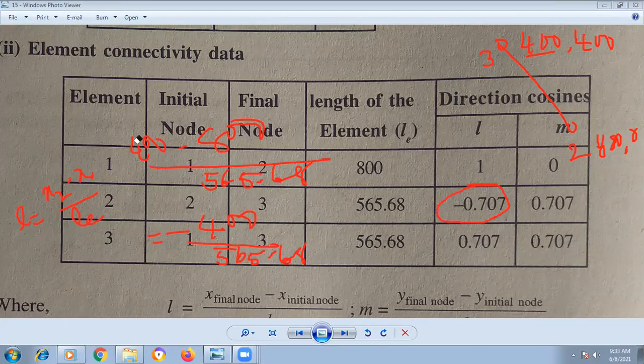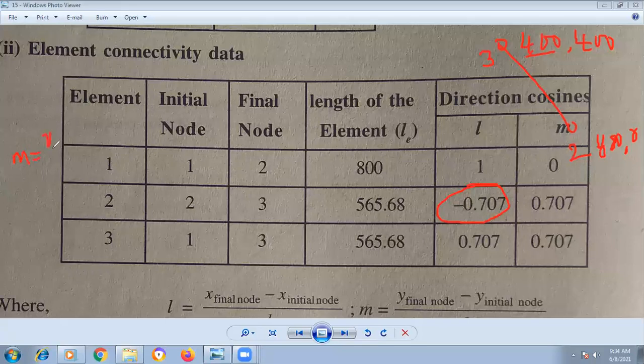Similarly, what is M equal to? Direction cosine M equal to y2 minus y1 divided by LE, y final minus y initial. y final is 400, y initial is 0 divided by 565.68.